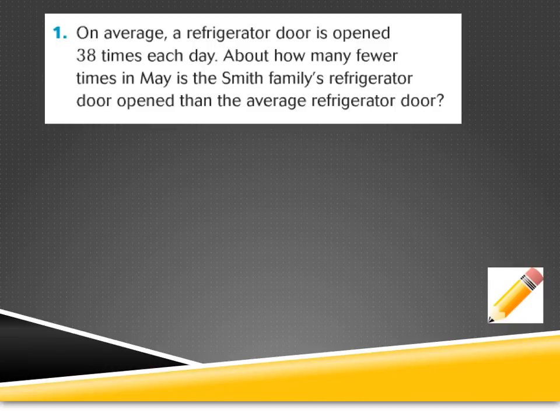Now remember, we already know that the Smith family's refrigerator is opened about 900 times in May. Let's use that information to solve this problem. On average, a refrigerator door is opened 38 times each day.